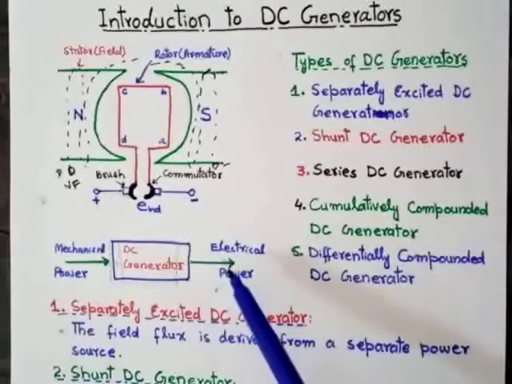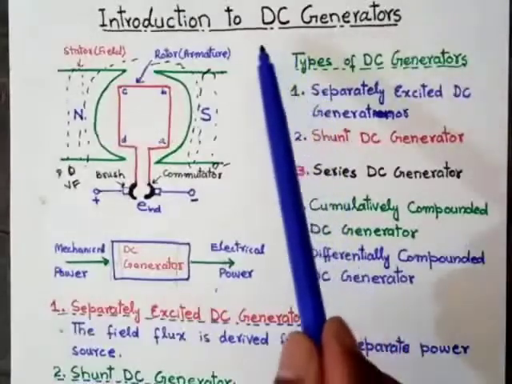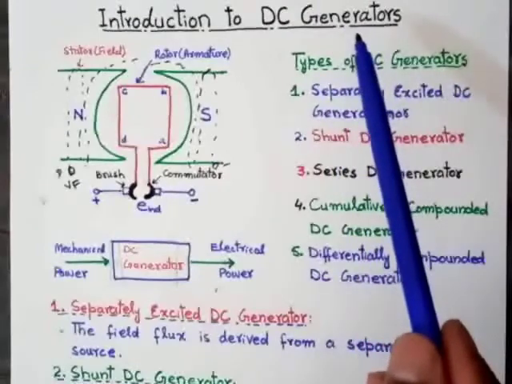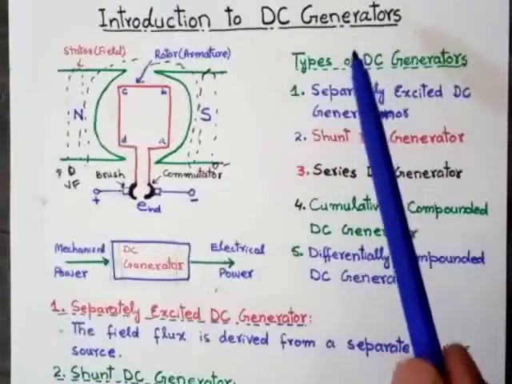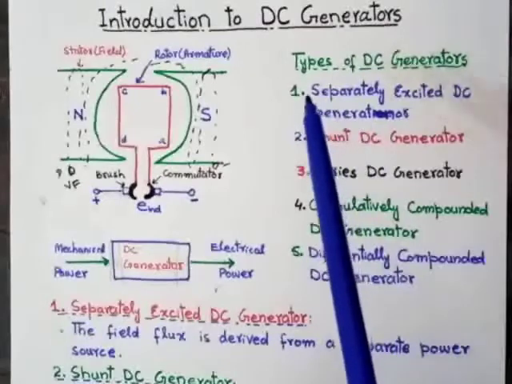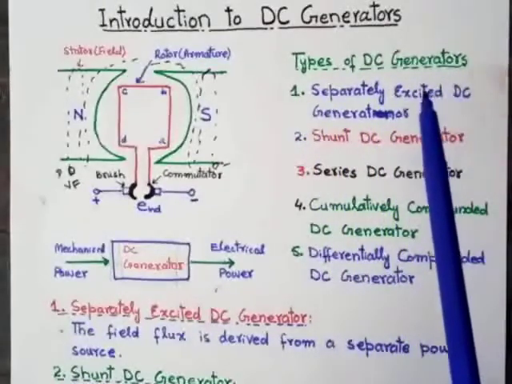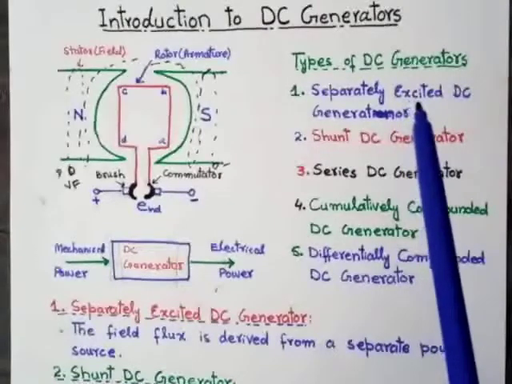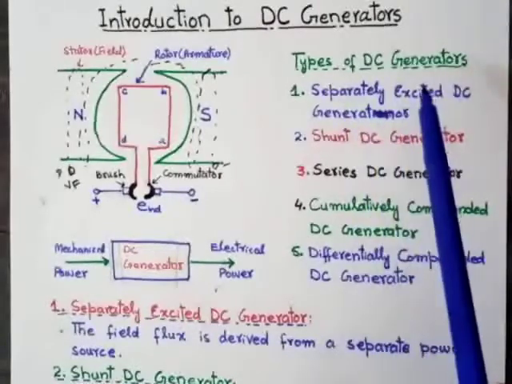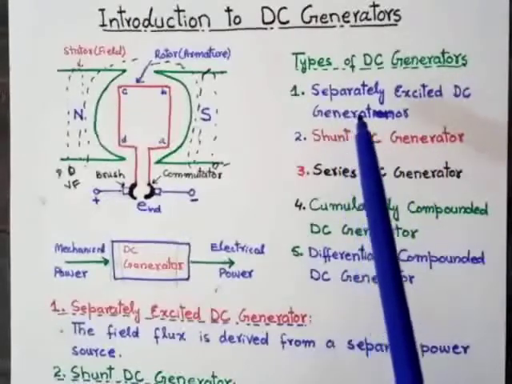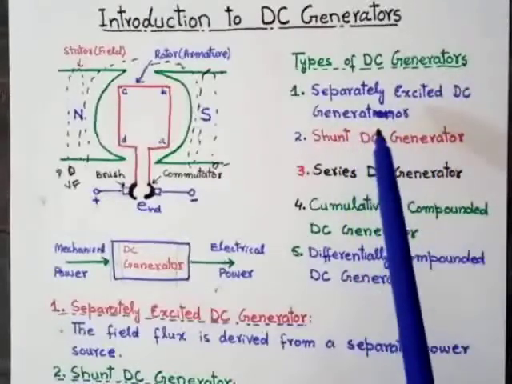In this lecture, we will have a detailed look at DC generators and their equivalent circuit. First of all, we will discuss the types of DC generators. There are 5 major types of DC generators. The first one is the separately excited DC generator.